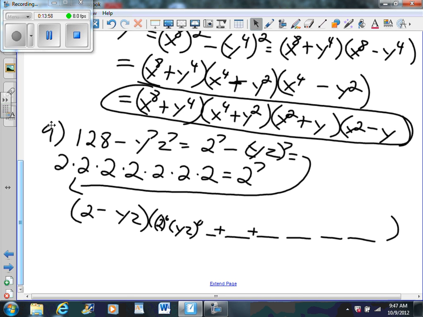It ascends up while the 2 descends down to 0. We start at 0 with yz and work our way up to 6. We start at 6 with the 2 and work our way down to 0. So my last term, plus, is going to be 2 to the 0 power and yz to the 6th.